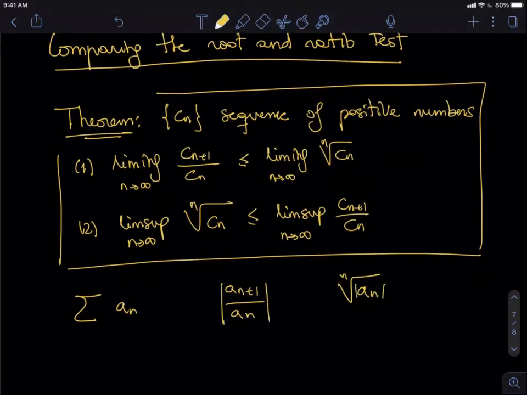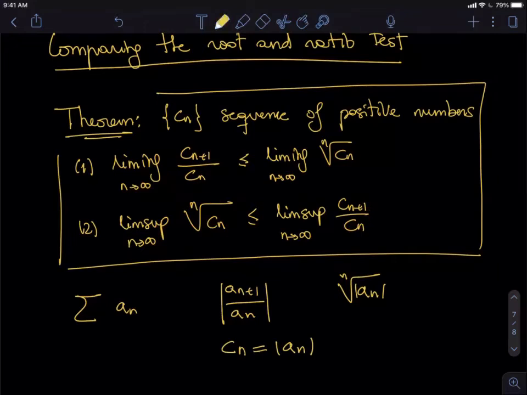So in the end, instead of writing the a_n, I decided, okay, let's write c_n for the absolute value of a_n. So that's the reason why it's written for sequences. Okay, but here we are saying the same quantities that were involved before, that the lim-inf of the ratio is always less or equal than the lim-inf of the root, and the lim-sup of the root is always less or equal than the lim-sup of the ratio.